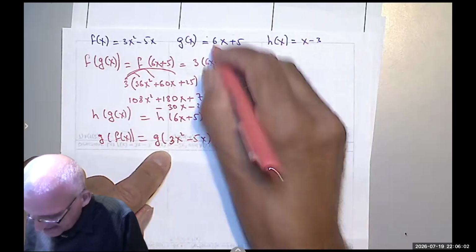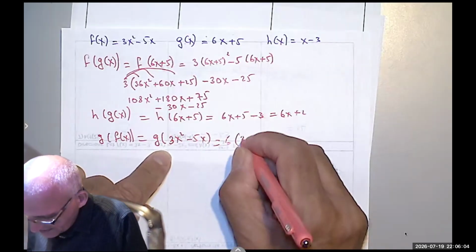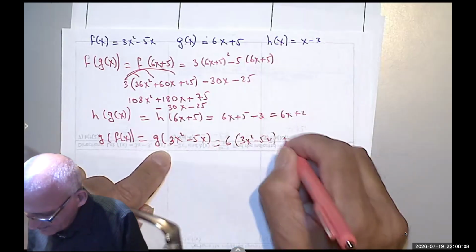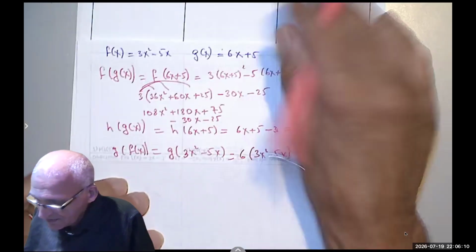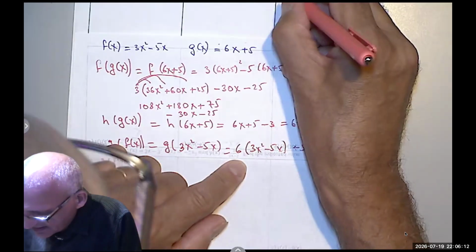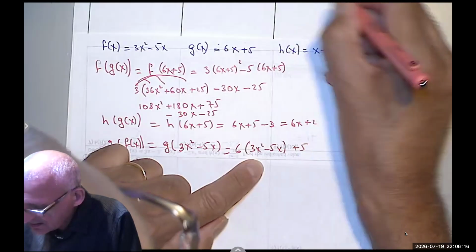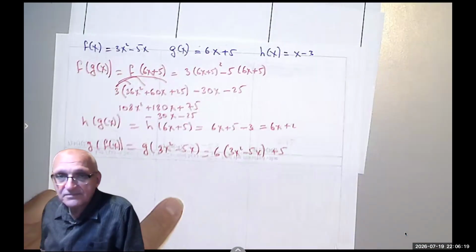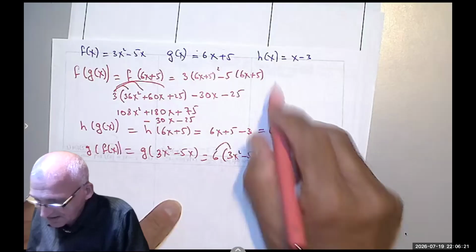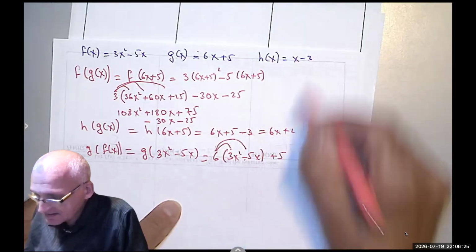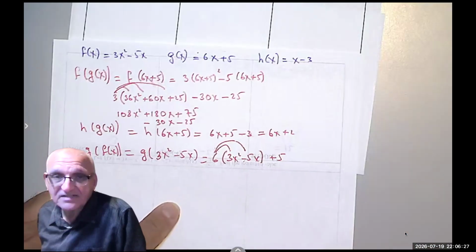I have 6 times 3x squared minus 5x plus 5. So it's 18x squared minus 30x plus 5. You distribute the 6, you get 18x squared. You distribute the 6, you get minus 30x. And then you have a plus 5 at the end.